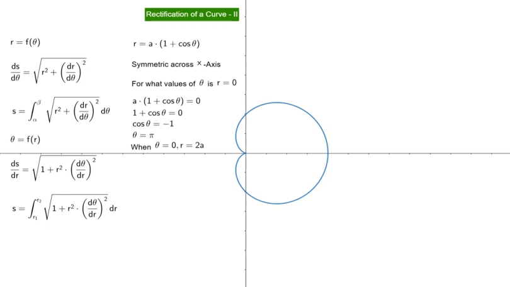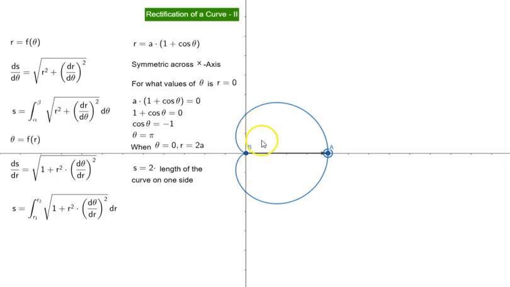So here, this distance is 2a from B to A. And here the angle is 0 because the radius vector BA is on the x-axis. Now, as we rotate it and we reach the point B, the angle formed is 180 degrees, that is pi. So we have theta equal to pi and theta equal to 0.